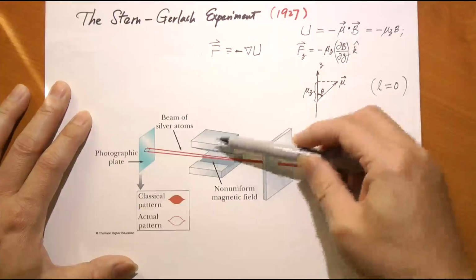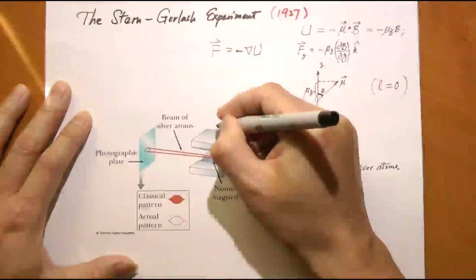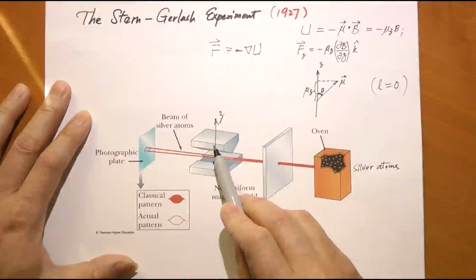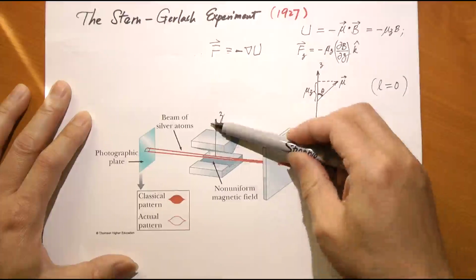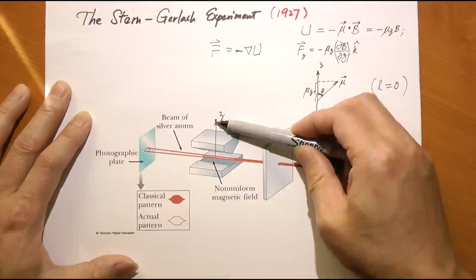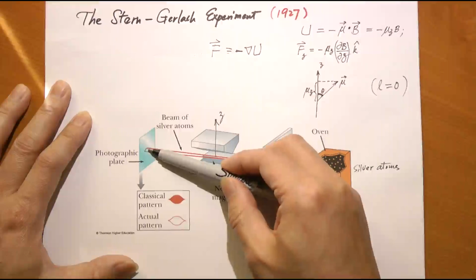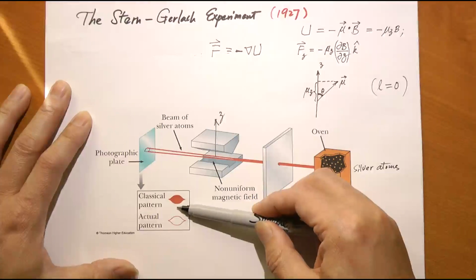The beam coming in, going through a non-uniform B field in the z direction, this is the z direction. Some forces are positive this way, some forces are negative that way, and the force varies continuously, so this beam will be pushed up and down with variable but continuous forces, and that's what you're going to get. So on this plate, you're going to get a range of landing points.